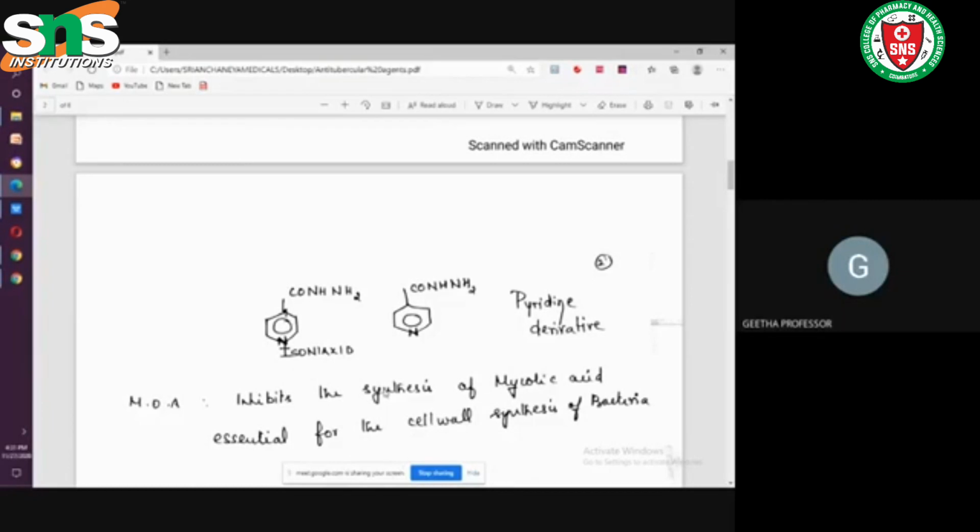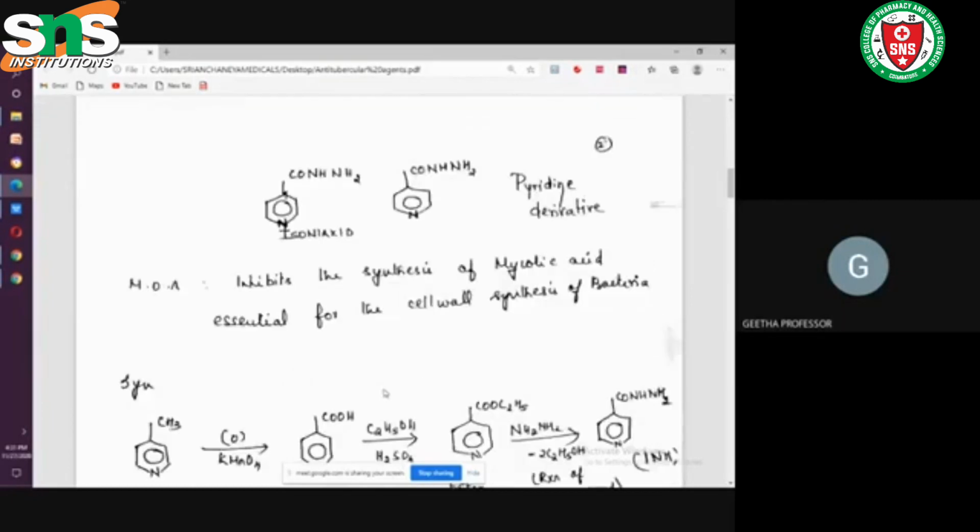Among the antitubercular agents, most of the drugs act against the bacterial cell wall. They act as a prodrug. They will mimic some of the components of the cell wall and cut down the nutrients needed for cell wall synthesis, thereby the bacteria will not survive.